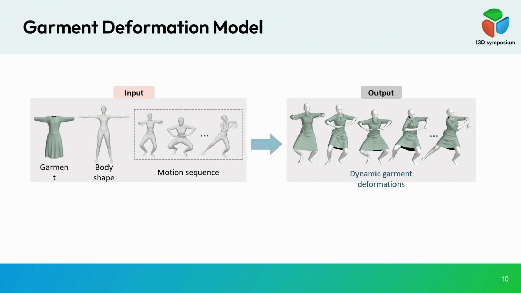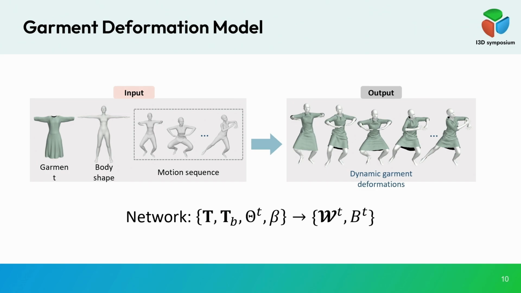This framework will be trained to accurately map these inputs to temporal skinning weight and blend shapes for the garment. The final dynamic deformation will be achieved by applying the temporal skinning weight and blend shape to the garment mesh, thereby effectively capturing the realistic deformation over time.